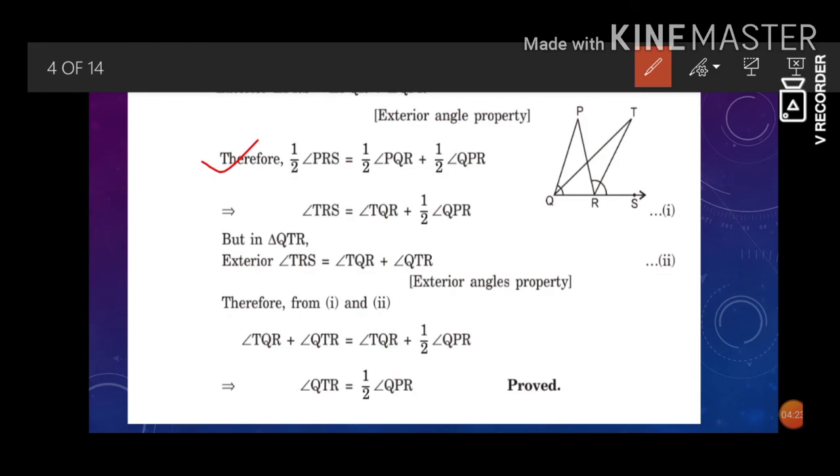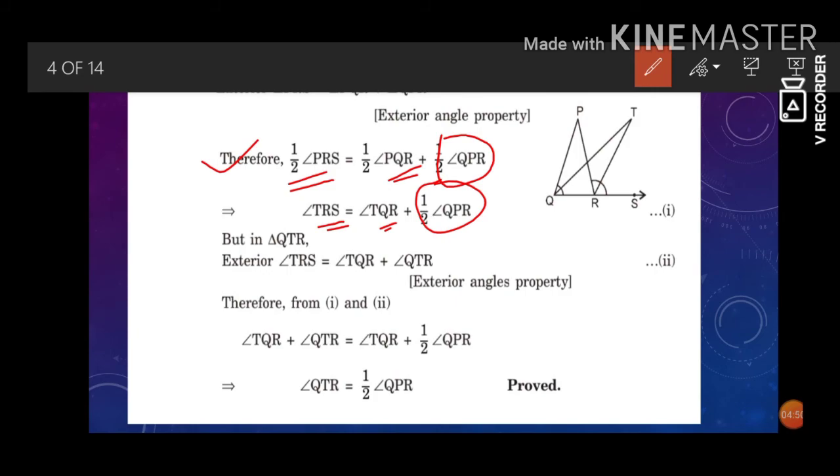So we get half of PRS = half of PQR + half of QPR. Now from the given, half of PRS = TRS, and half of PQR = TQR. The third part remains the same. So this becomes our first equation.